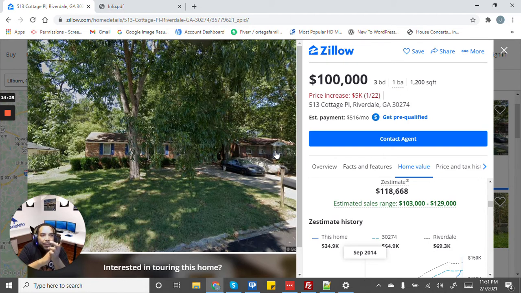This is definitely something that I would look into, and I would make that call and at least get the seller on the phone and see where they're at. See where their motivation is at. Again, guys, motivation and numbers. Those are the two things you need to look for.